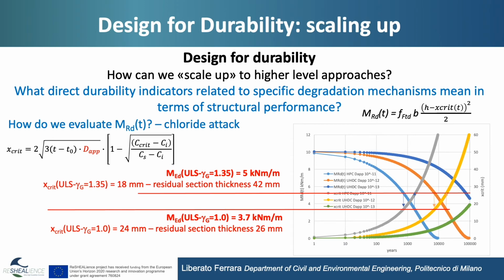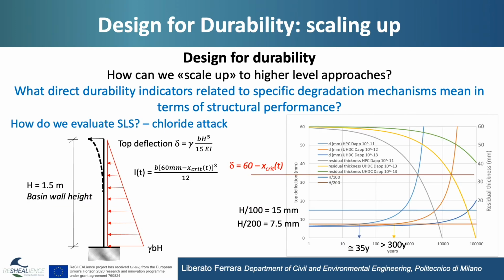Serviceability limit states are more difficult to evaluate in this case because we will need a model for the calculation of crack openings and so on. I made a simple estimate here of the deflection, considering a cantilever beam under a water pressure level.